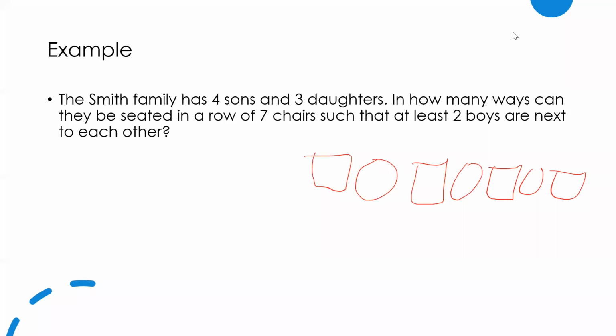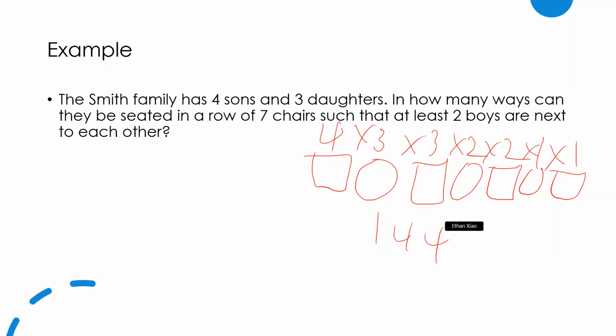There would be 4 possible boys here, 3 possible girls, 3 possible boys, 2 possible girls, 2 possible boys, and then just 1 for each. So we multiply these all together and we would get 144 possible arrangements for what we don't want to count.